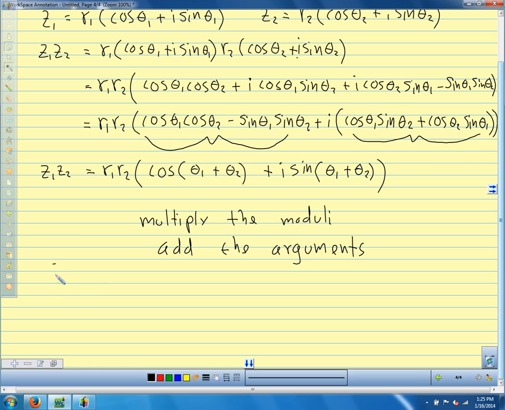And we're not going to go through the whole process, but z1 divided by z2, if to multiply we multiply the moduli and add the angles, what are you going to guess happens when we divide? Divide the moduli, r1 divided by r2, and we subtract the angles.